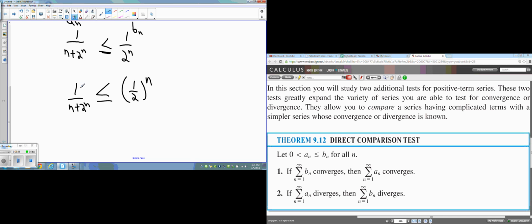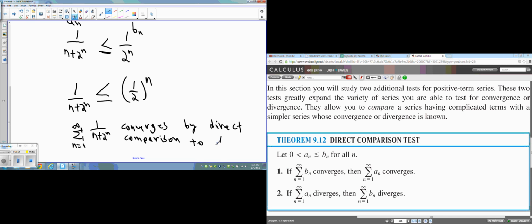So that means that our series, the sum from n equals 1 to infinity of 1 over n plus 2^n, converges by direct comparison to this one, the sum of 1 over 2^n.